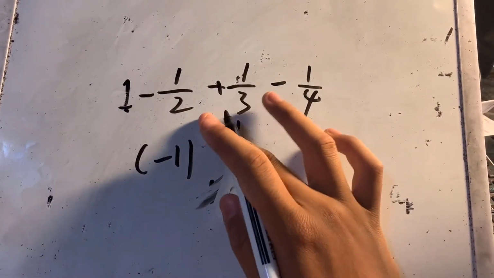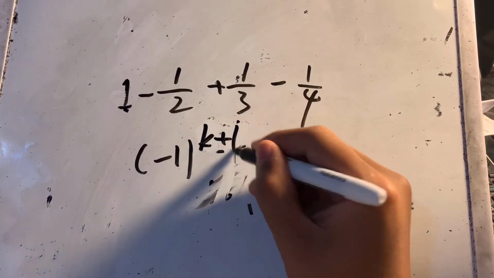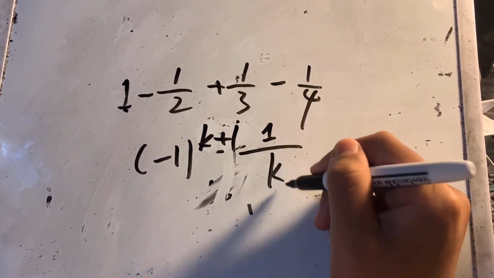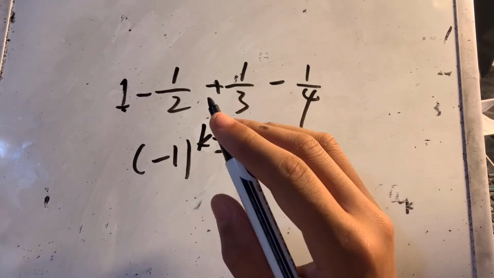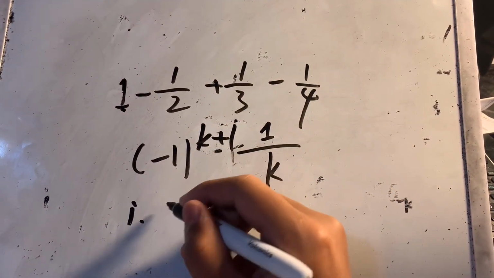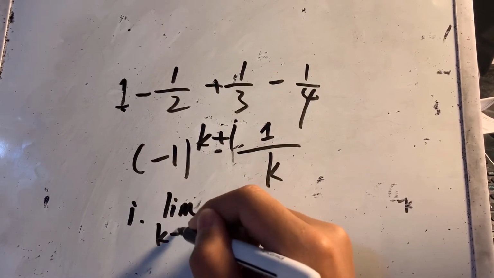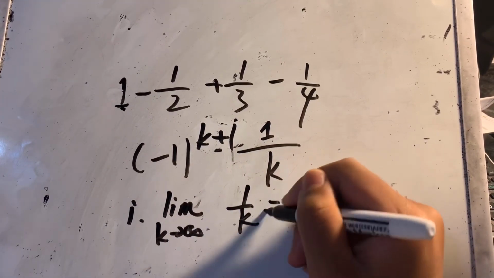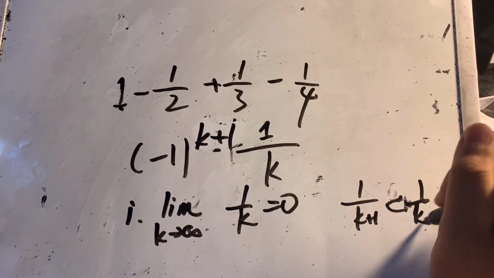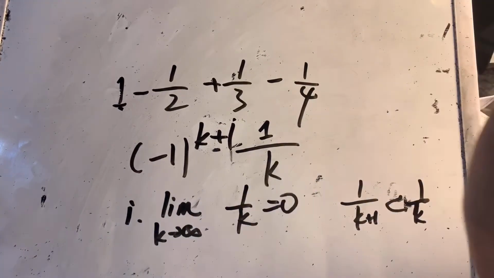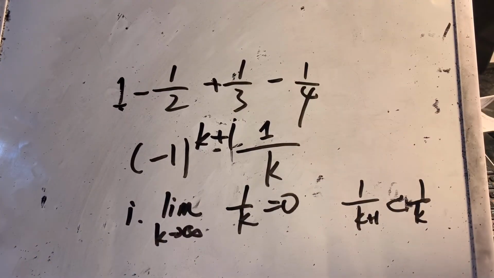So this is k plus 1, and the series is 1 over k. So let's see the two conditions. Yes, correct. And this is less than this. And you are able to see that this alternating series converges.